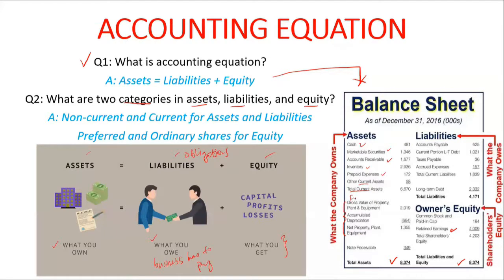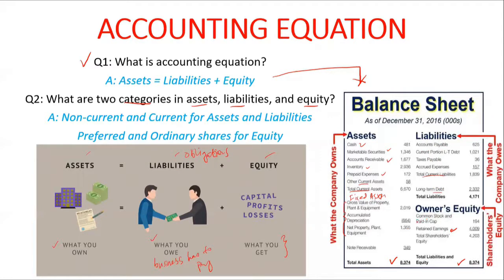Similarly, when you look at the liabilities section, there's current liabilities, which include categories like accounts payable, current portion of long-term debt, taxes payable, accrued expenses, and then you would have a non-current liability as well, which is long-term debt. So the business has to pay the long-term debt after 12 months.